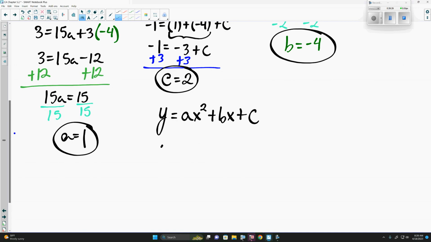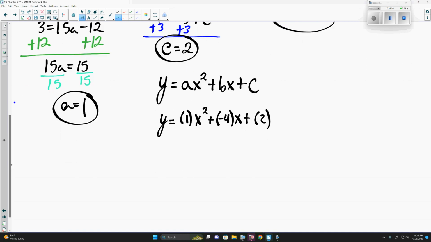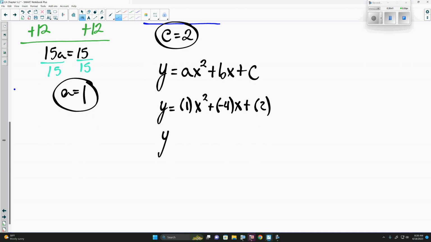Well, we said the value of a is 1, so we have 1x squared. b is negative 4, so negative 4x plus 2. Or we can say y is equal to x squared minus 4x plus 2. And that's it.